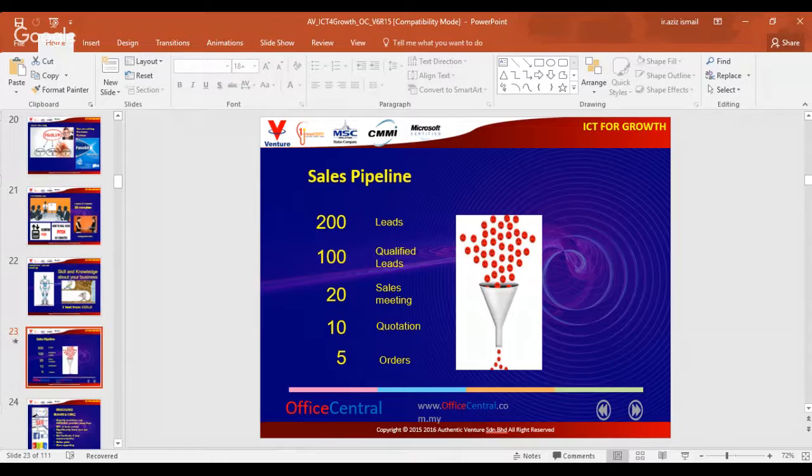So what we learn from this is there is statistics, mathematics inside sales. It means that if, for example, you go for 20 sales meetings, it will result in 5 orders, correct? It can also be read in another way. If you go for 20 sales meetings, 15 will become failures, correct? From the 20 sales meetings, only 5 will become orders.